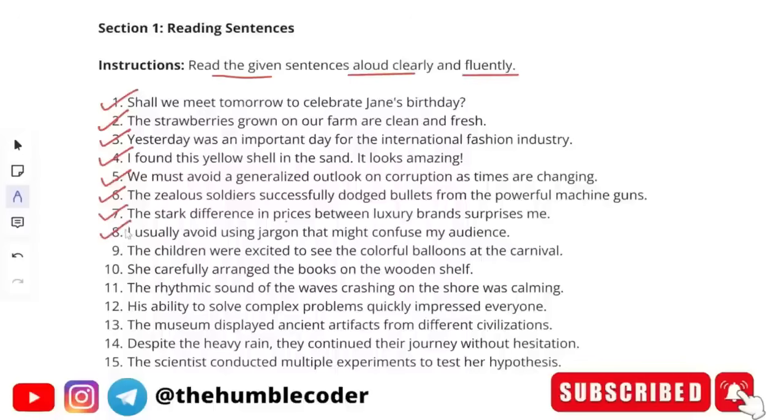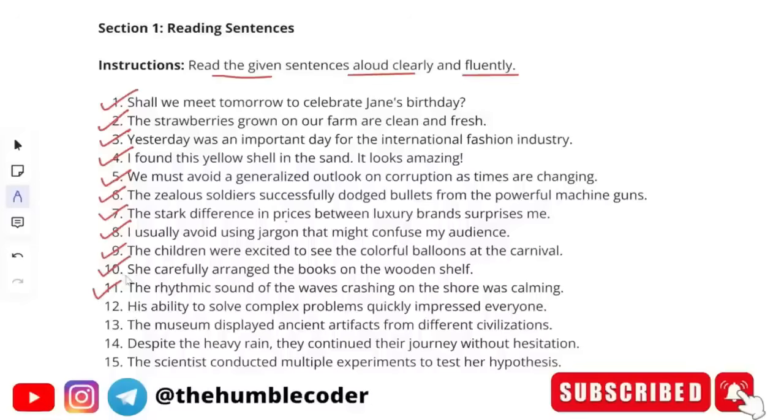Eighth, I usually avoid using jargon that might confuse my audience. Ninth, the children were excited to see the colorful balloons at the carnival. 10. She carefully arranged the books on the wooden shelf. 11.